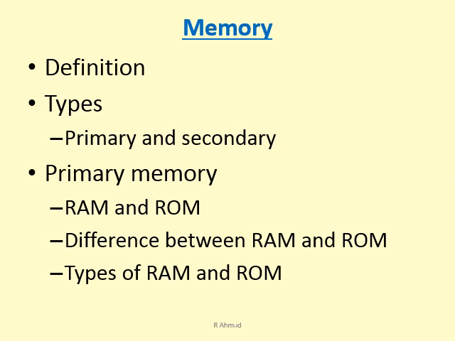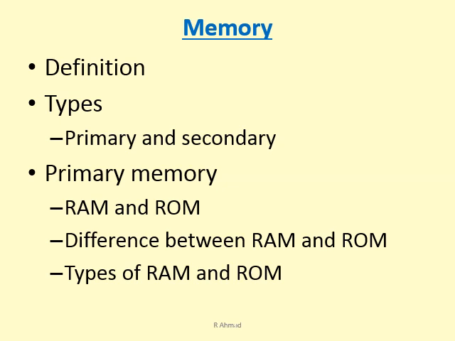The basic differences are volatile and non-volatile, and ROM stores permanent instructions. BIOS is a special kind of program whose function is to find the operating system, or fetch the operating system from the hard disk or secondary storage, and this BIOS is permanently there in ROM.